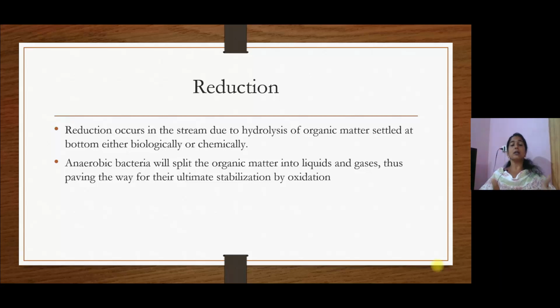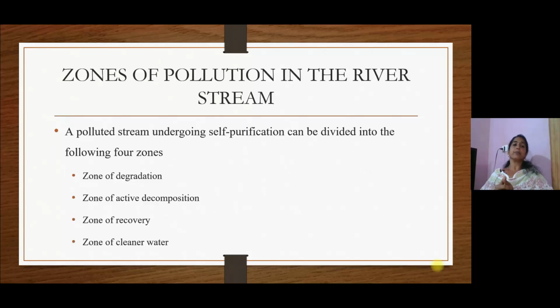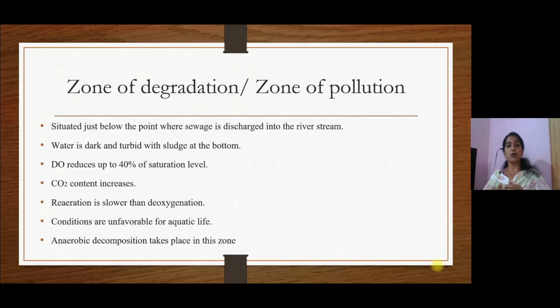After reduction through hydrolysis, these products will get oxidized, and this will enhance the self-purification process of the river. Then the zones of pollution in the river stream. That is, first is the zone of degradation, then the zone of active decomposition, then the zone of recovery, and the zone of cleaner water. First, we will discuss the zone of degradation or zone of pollution.